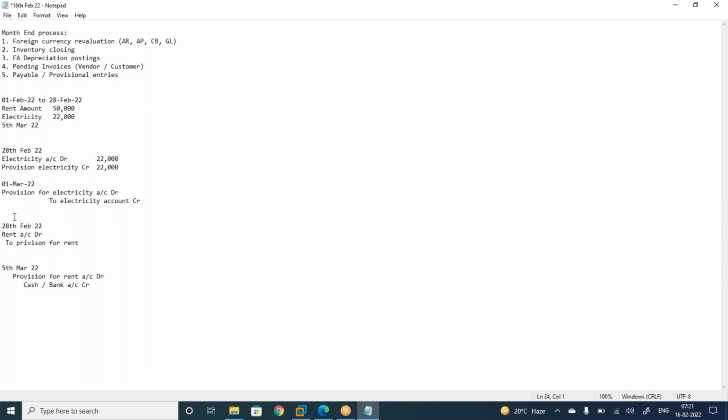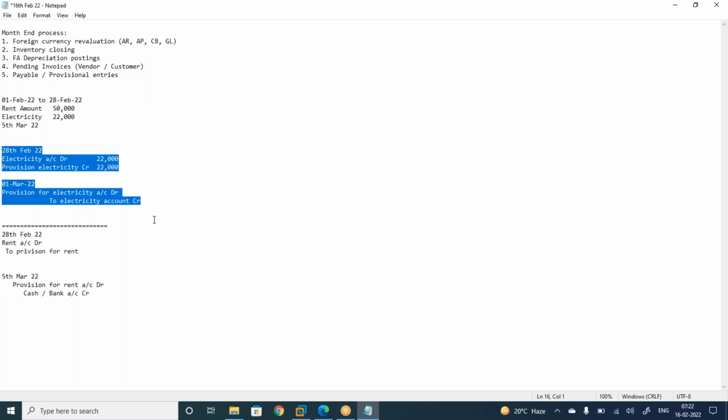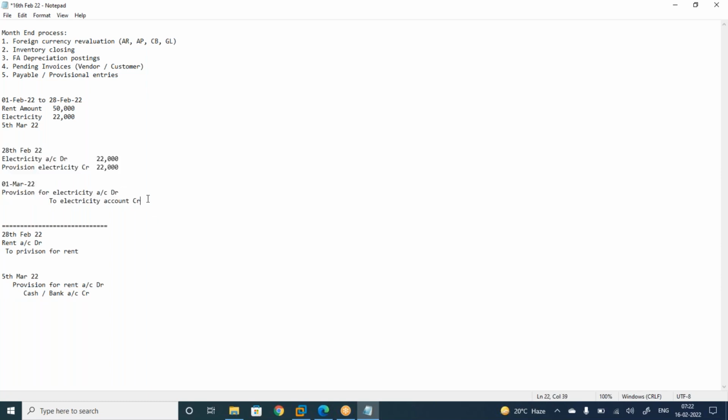This is one method. Because this is fixed, we know what amount I need to pay, so I can make it like this. Otherwise, this is only a dummy entry, and the actual entry is on 5th March 2022, when I pay: electricity account debit to cash or bank credit.